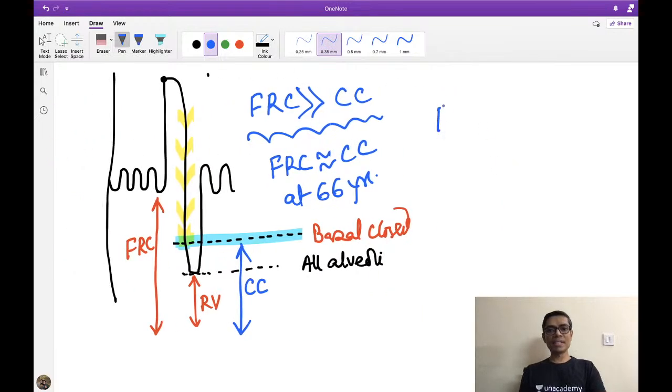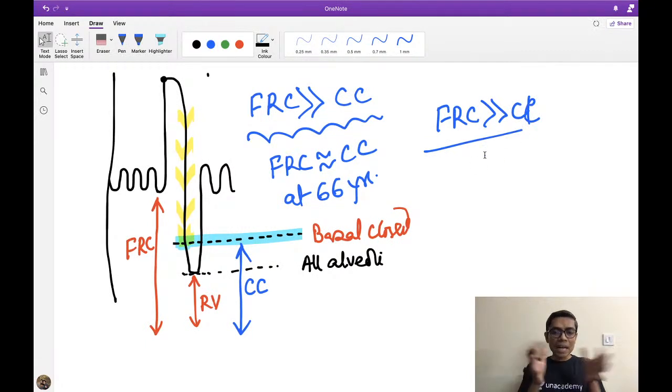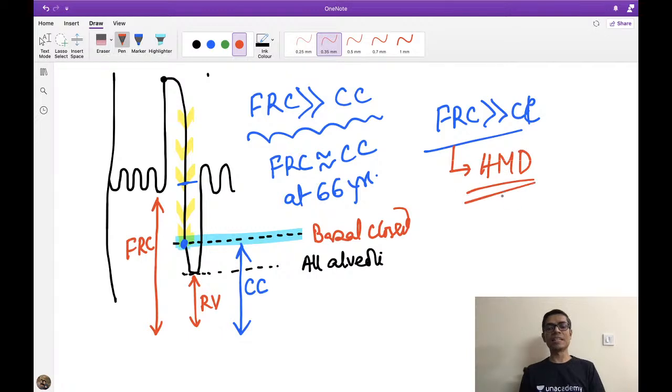Or FRC can be much greater than closing capacity if the airways are highly collapsible. Highly collapsible means the airways are closing even before reaching this point, which is typically seen in hyaline membrane disease because of a huge amount of surface tension. Now tell me whether you got this or not.